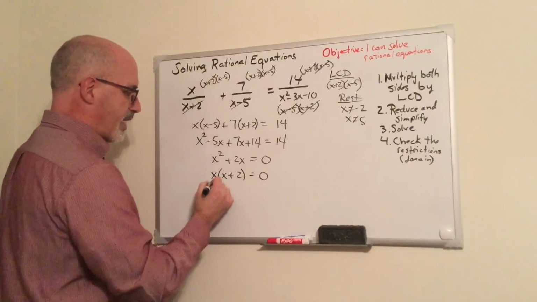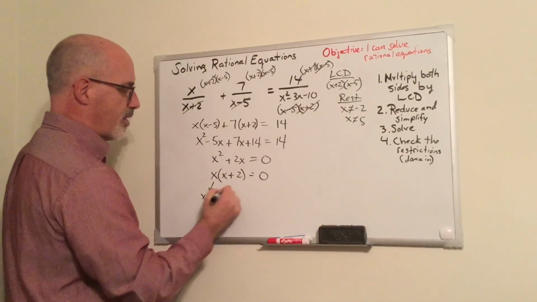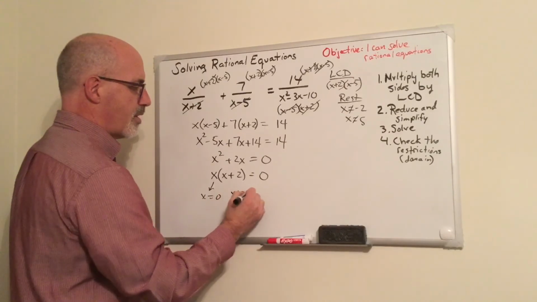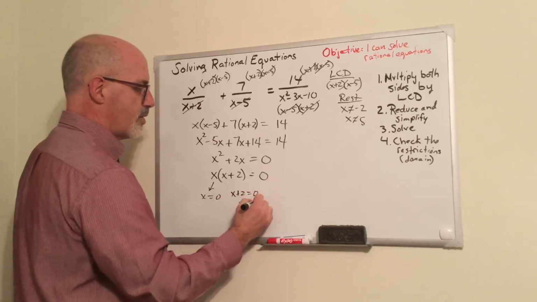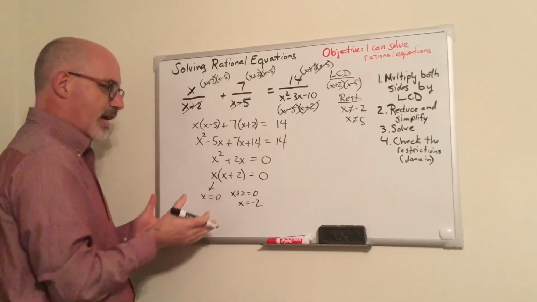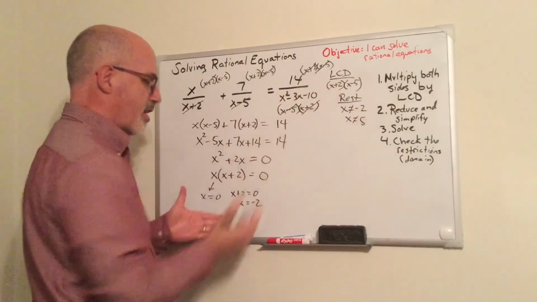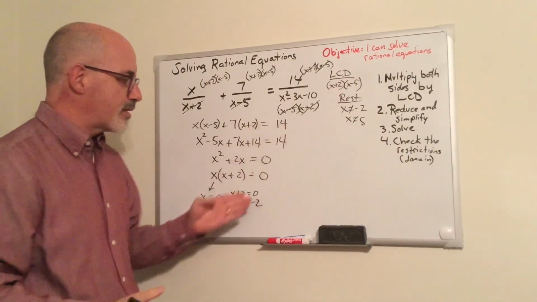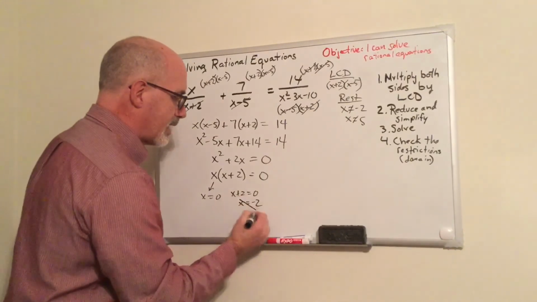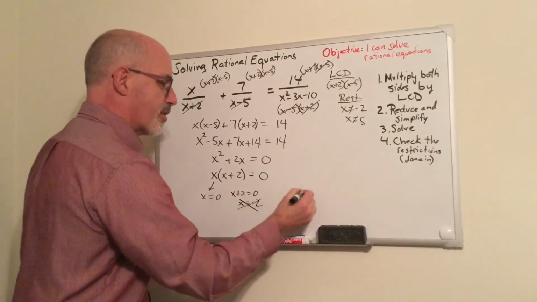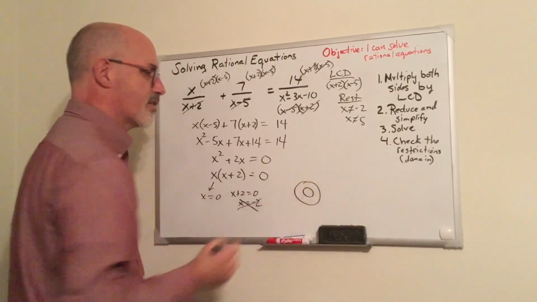Set each factor equal to 0: x equals 0, x plus 2 equals 0, so x equals negative 2. I get my answers, I check them against the restrictions. Looks like that negative 2 is a problem, so I don't keep that one, I just keep the 0 as an answer. So that's my solution.